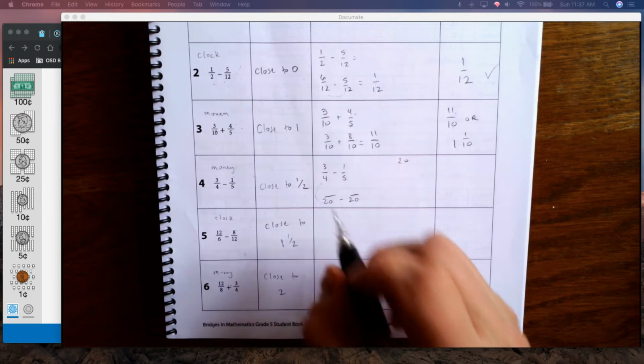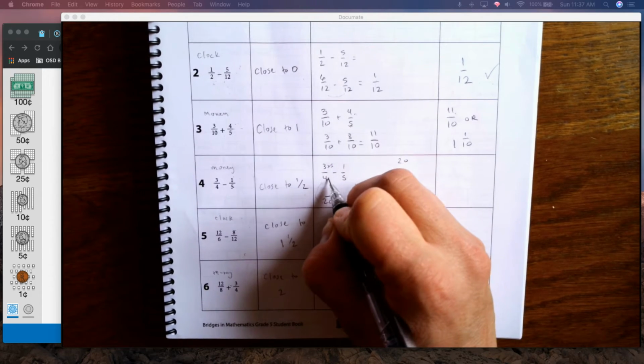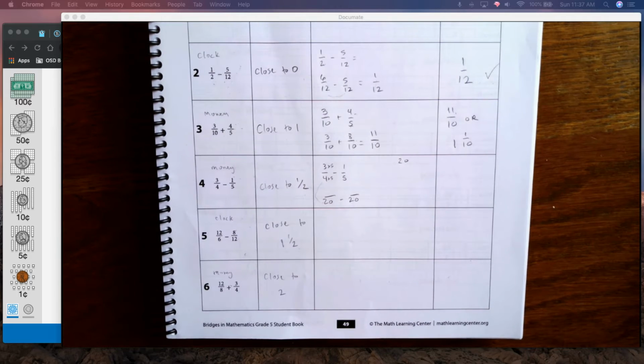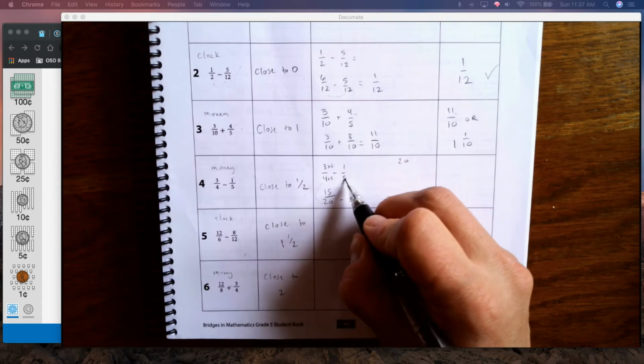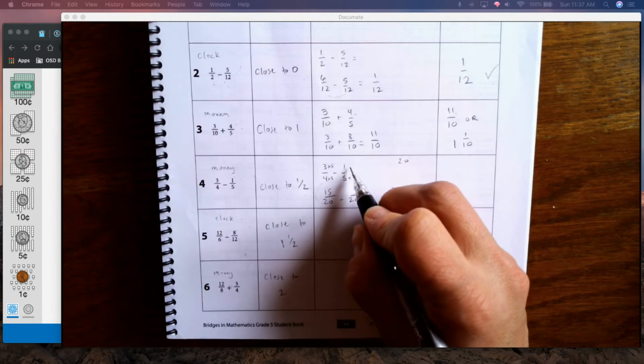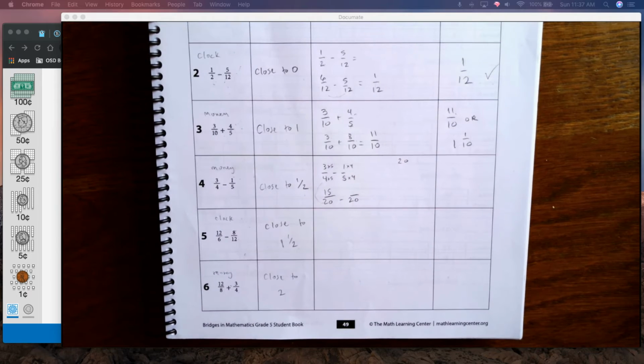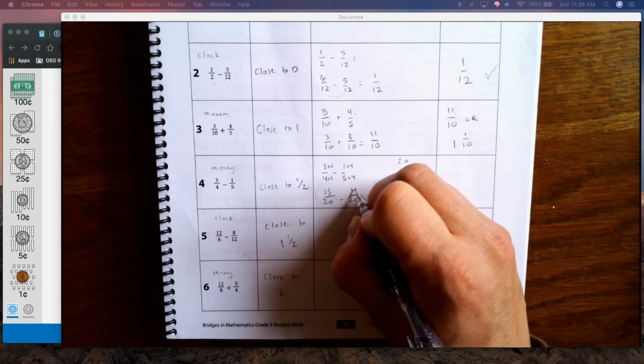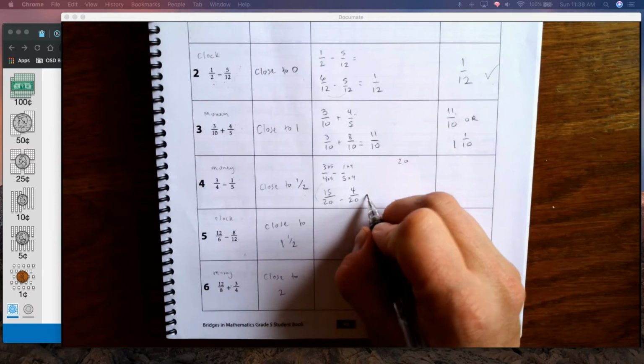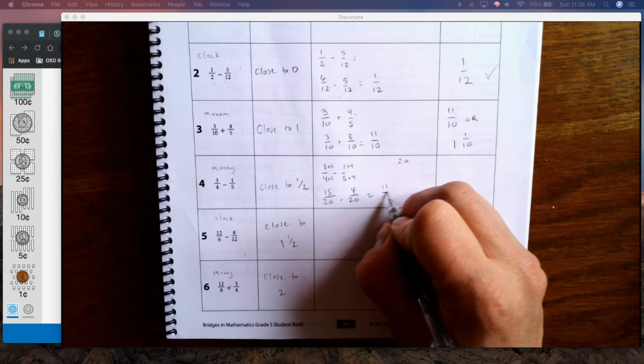So I'm going to do the same thing to the 3. 3 times 5. Let's put a little 5 there to remind ourselves. So 3 times 5 is 15. To get from 5 to 20 on my second one, I'm multiplying by 4. Do the same thing to the top. Whatever you do to the bottom, you've got to do to the top. 1 times 4 is 4. 15 minus 4 is 11.